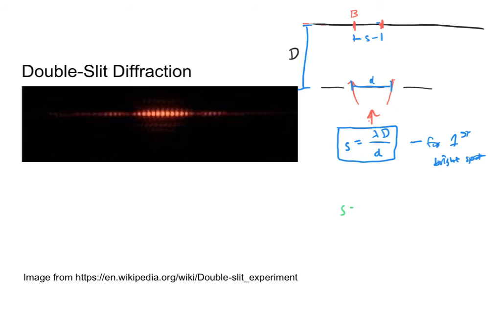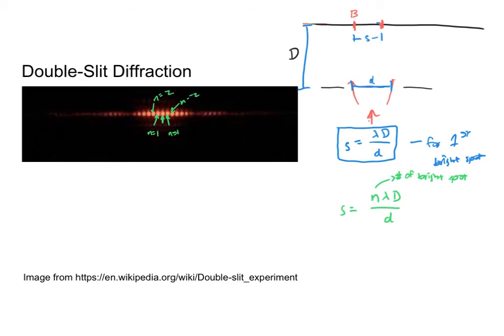So we're going to say S is equal to n lambda D over d, where again n is the number of the bright spot, so how far we are from that central maximum. So if this right here is our central maximum, that'll be n equals 1, and the next one will be n equals 2. And we'll see the same thing on the other side.